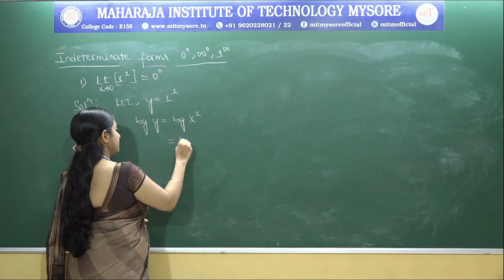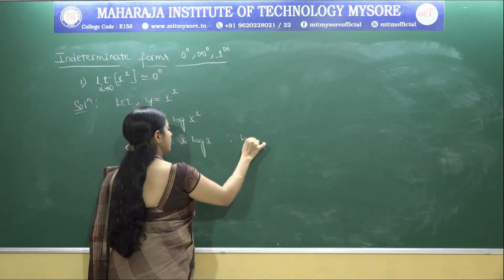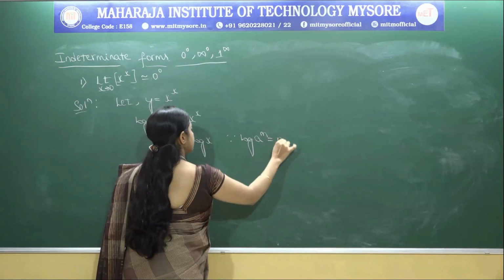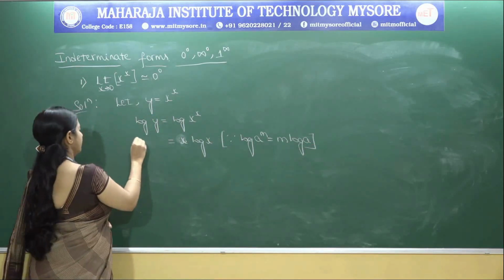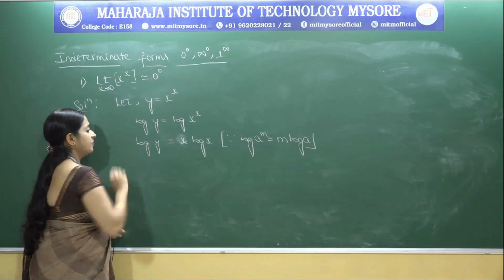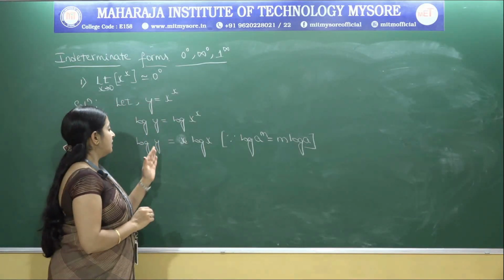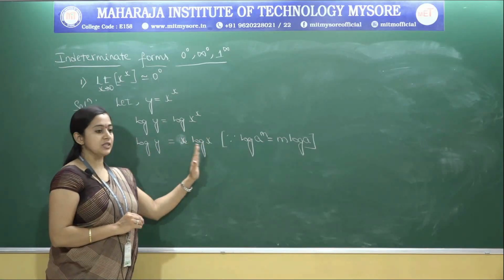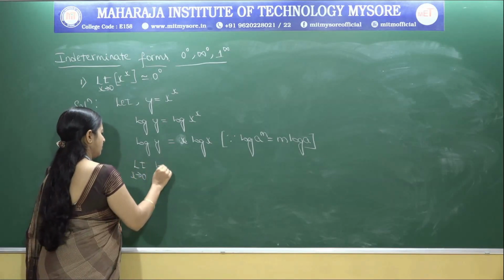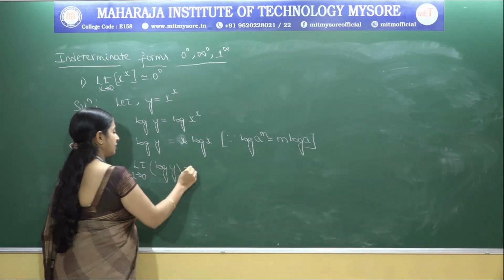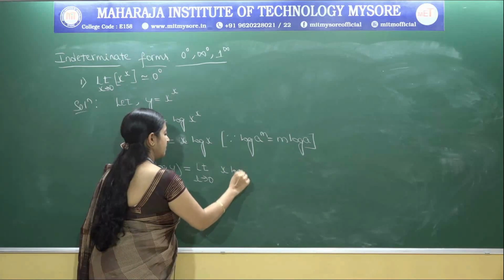You can write this term as x log x. This is the log y. Then in the problem, the given limit is x tends to 0. So apply the limit as x tends to 0 on both sides. So limit as x tends to 0 of log y equals limit x tends to 0 of x log x.